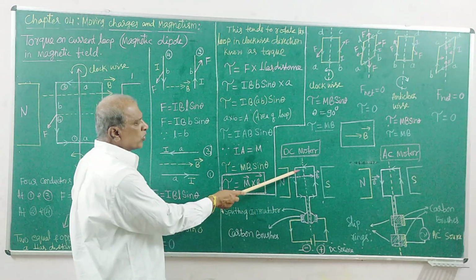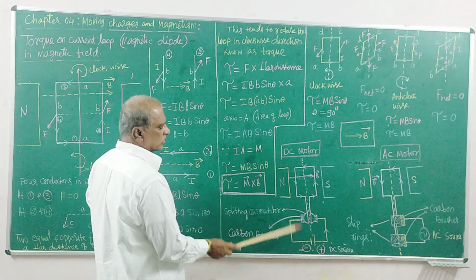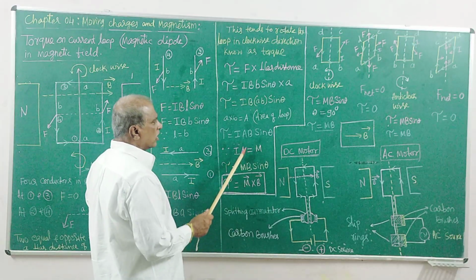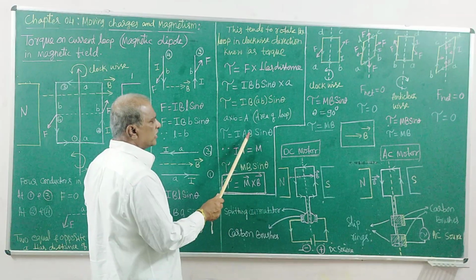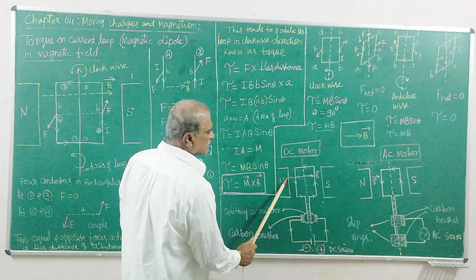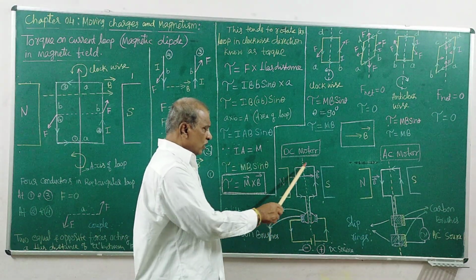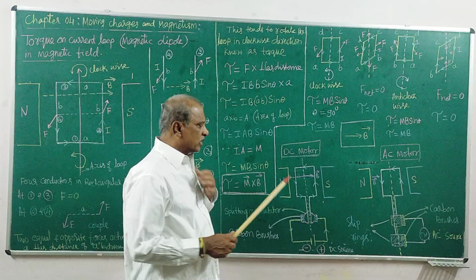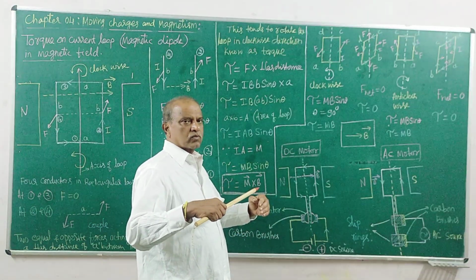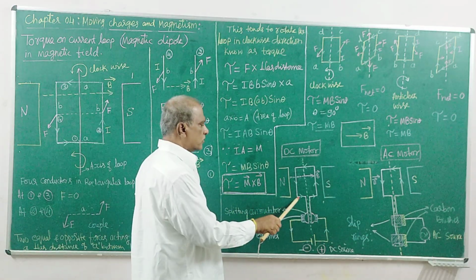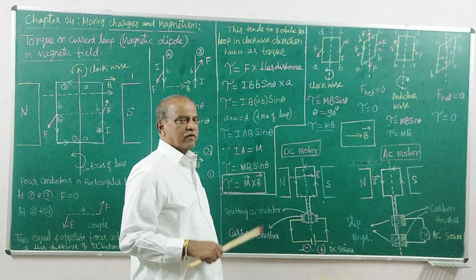This output depends on these factors: the current strength in the conductor, the cross-sectional area of the conductor, and B, by increasing the external magnetic field. And one more: we have only one wire with one turn, and one turn produces this amount. But if you have multiple turns of insulated conductors, many turns, then for every turn it multiplies.